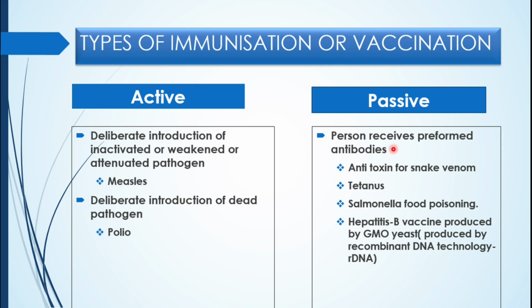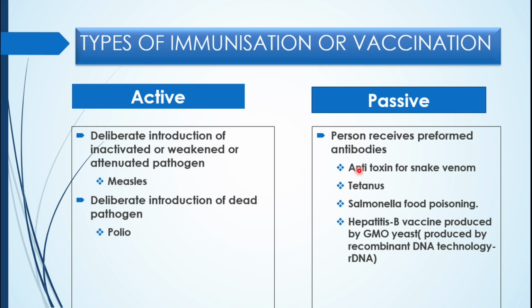Usually in earlier times, the deadly pathogen was introduced either to a sheep or a chick, and the sheep or chick in turn would start producing antibodies for that particular pathogen. These antibodies are then collected, purified, and finally the person receives the antibodies. So this kind of immunization is known as passive immunization.